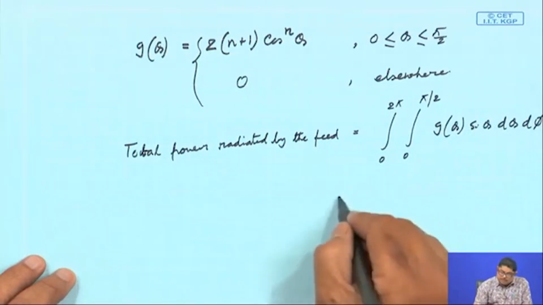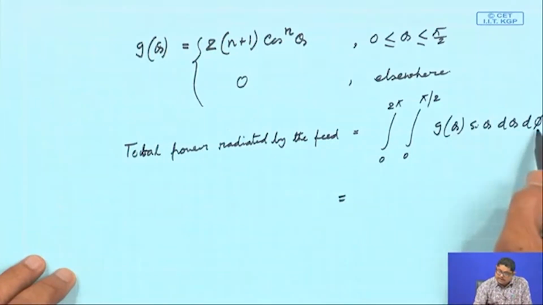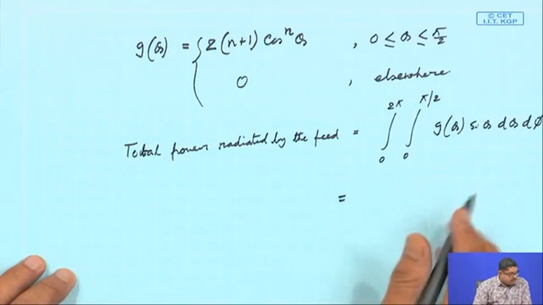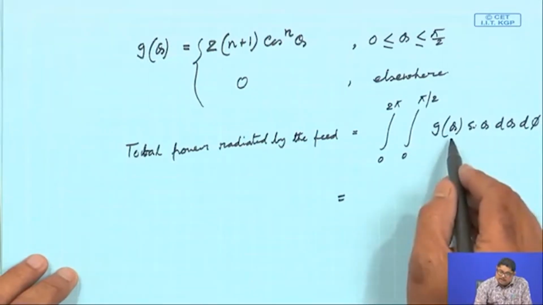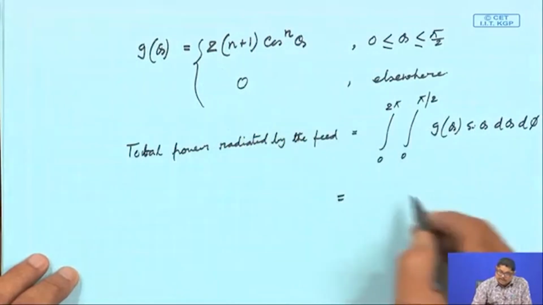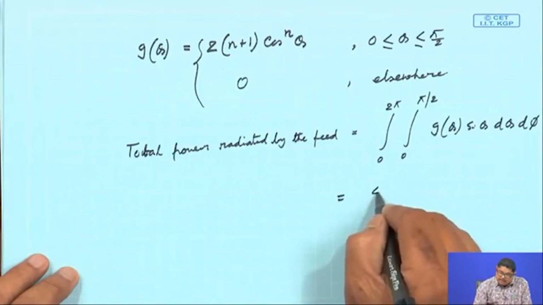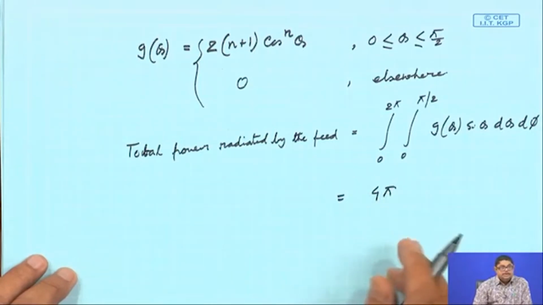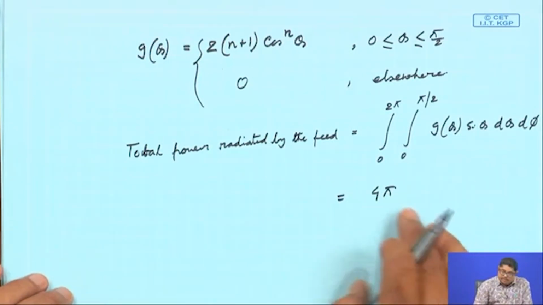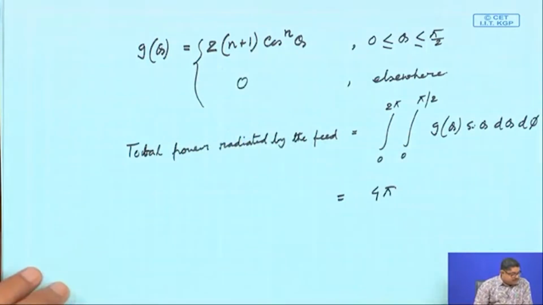Now, if you do this, the phi integration will come out, and if you evaluate this, because this expression is easy to evaluate, you will find that it turns out to be 4 pi. So, this is the reason that the total radiated power for this choice becomes this.